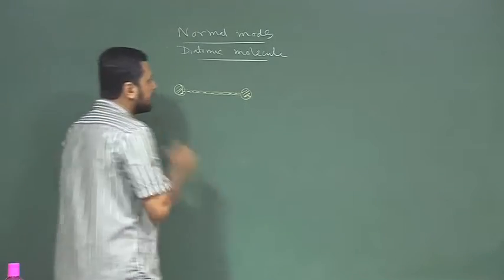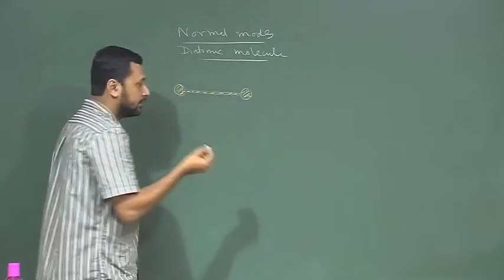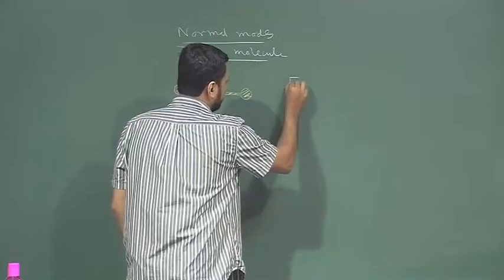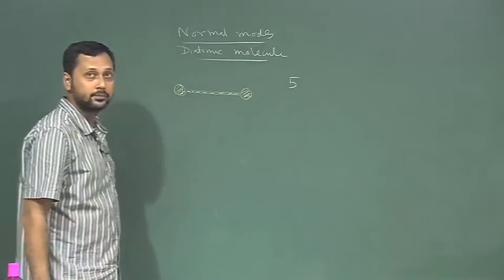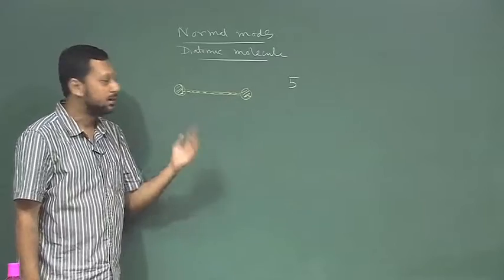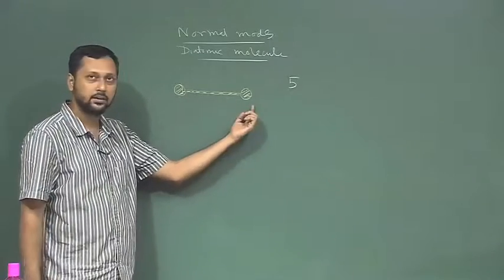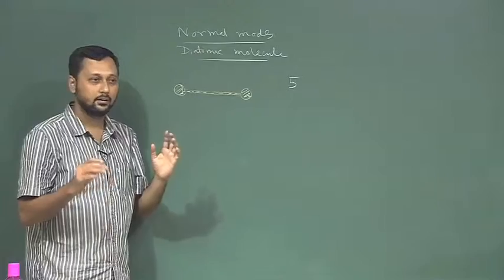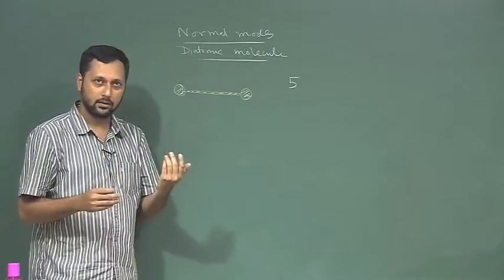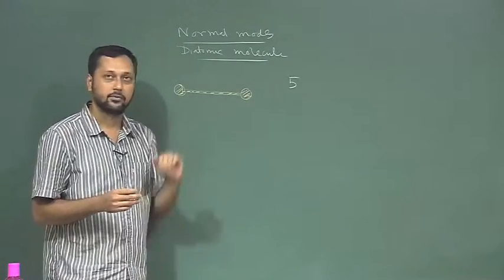If it is a rigid system, then we expect 5 degrees of freedom. Why? Because the total degrees of freedom will be 3 into 2, which is 6, but because there is a constraint condition, if a rigid rod is holding these two in place, we take 1 degree of freedom out of the system and we have 5.